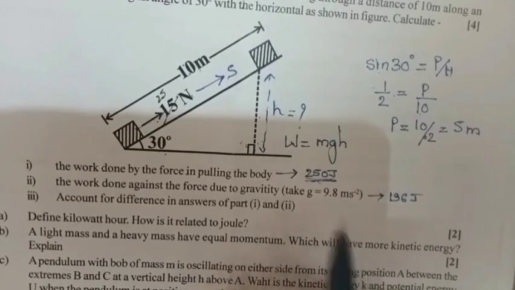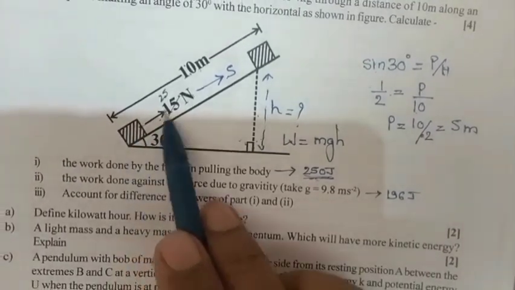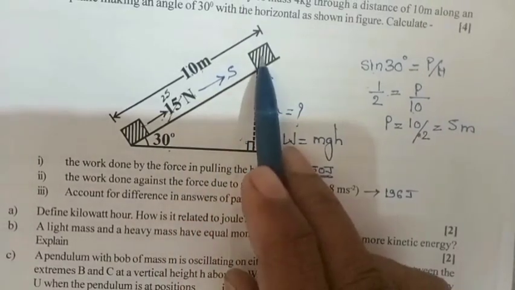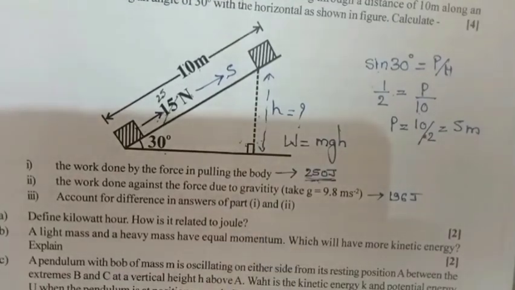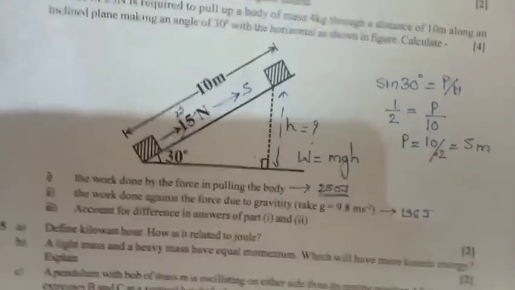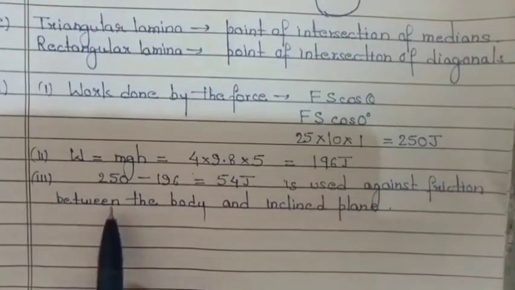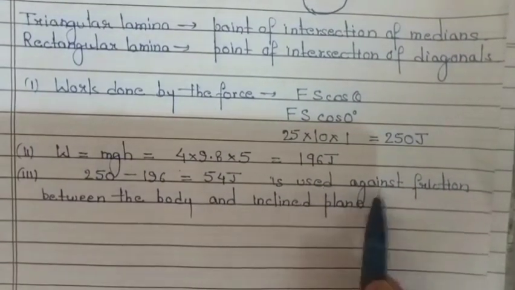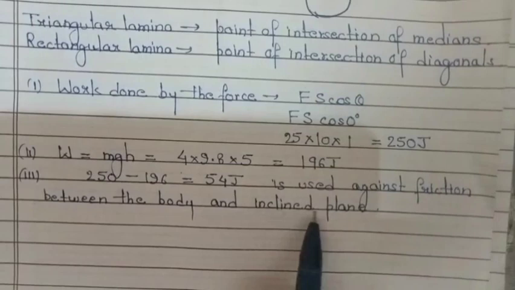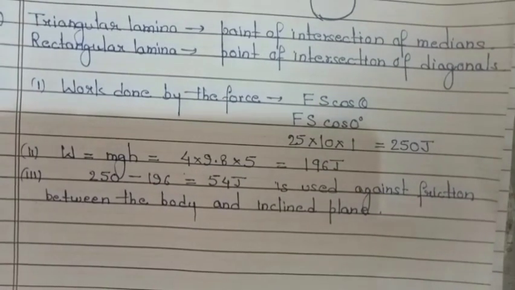So we have to account for why this difference occurs, because whatever work is done on the body in pulling it, the same should have been the work against gravity, but there is a difference. The difference is 54 joule, and this difference is used against the friction between the body and the inclined plane. So this is the reason why there is a difference.